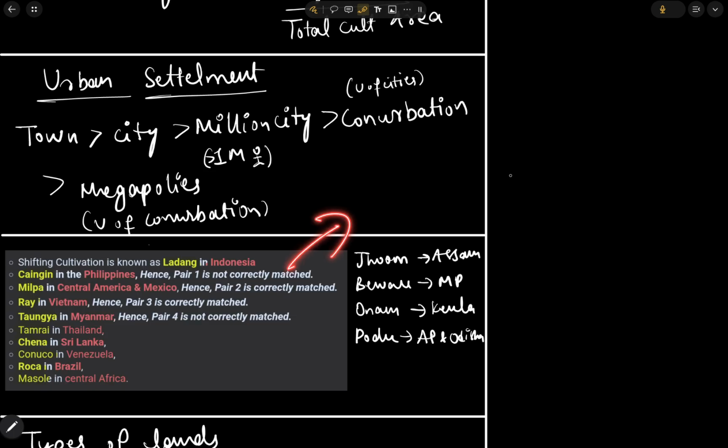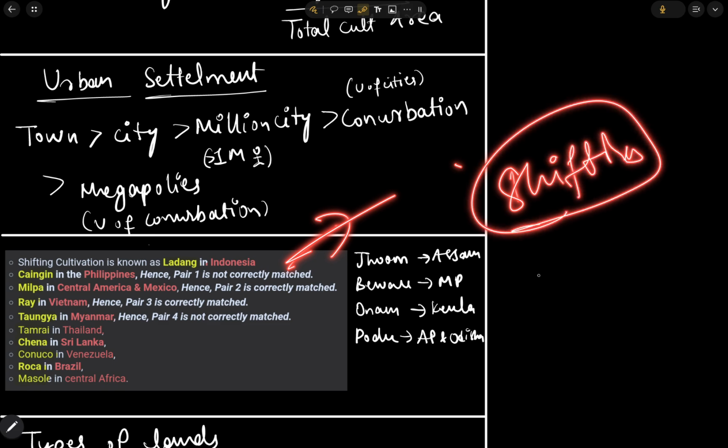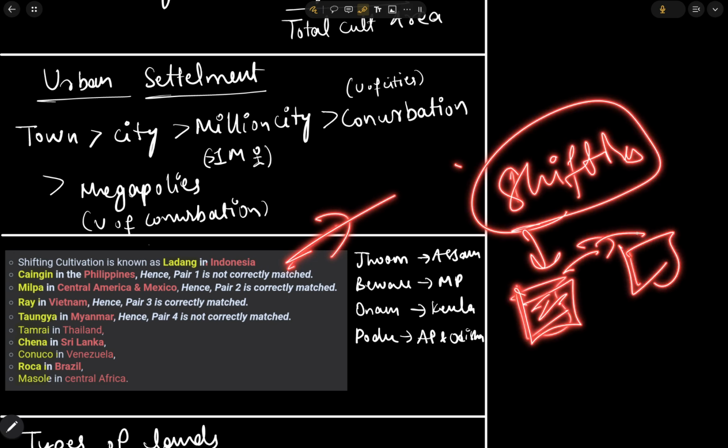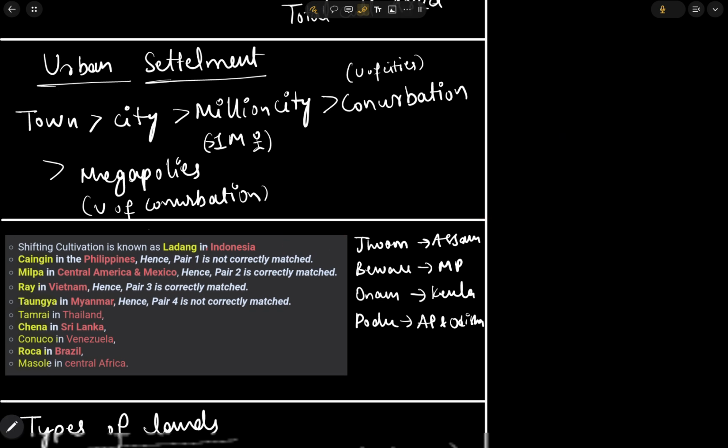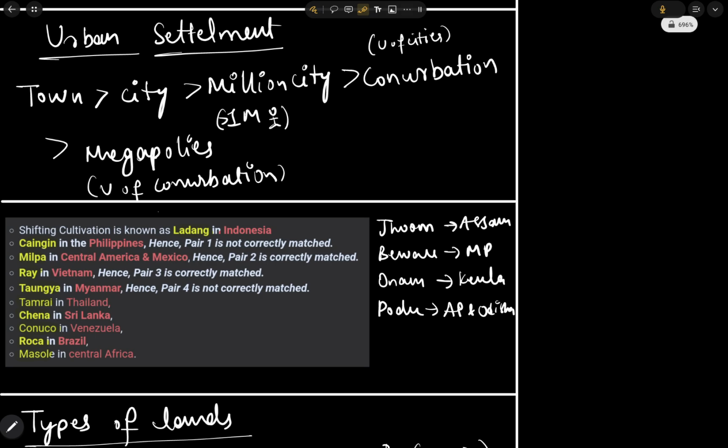Next we have shifting cultivation. Shifting cultivation is where people cultivate in an area for a certain period of time and then shift to another area for cultivation. That is the literal meaning of shifting cultivation. Here we have different names for shifting cultivation in different countries or areas.